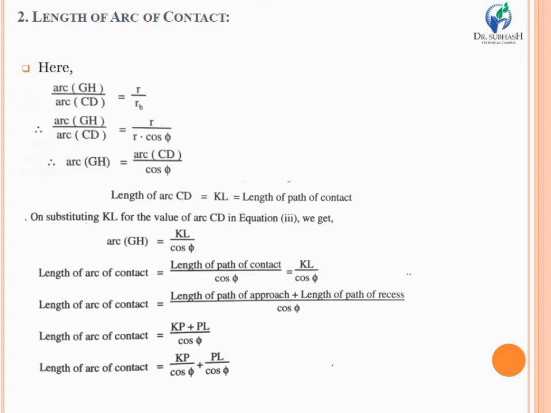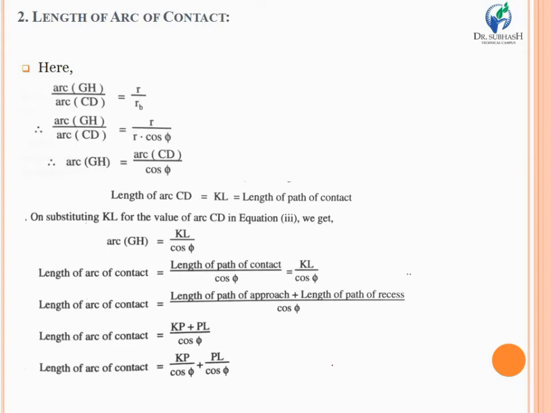So ultimately, the arc of contact is the path that is traced by a point on the pitch circle from the start to the end of the motion and power transmission. That means meshing starts and meshing ends.